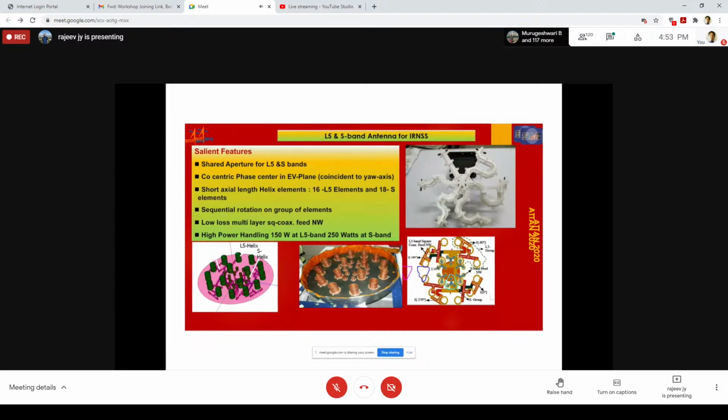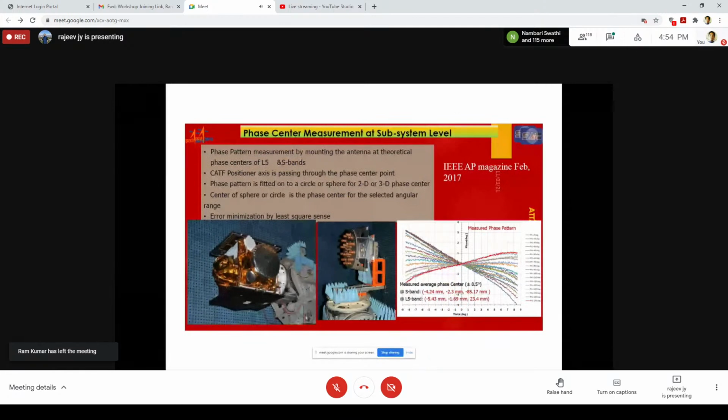because of two reasons. One is, of course, the symmetrical radiation pattern. The other is that there was a very typical requirement of phase center. They wanted a concentric phase center. So this was also one of the typical requirements which we met, and then we measured the phase center in the anechoic chamber, and we could get the accurate position of the phase center.